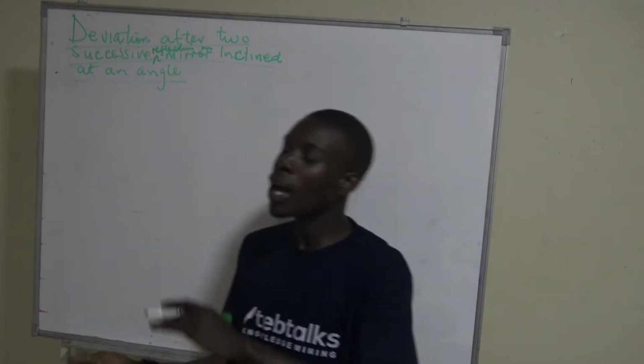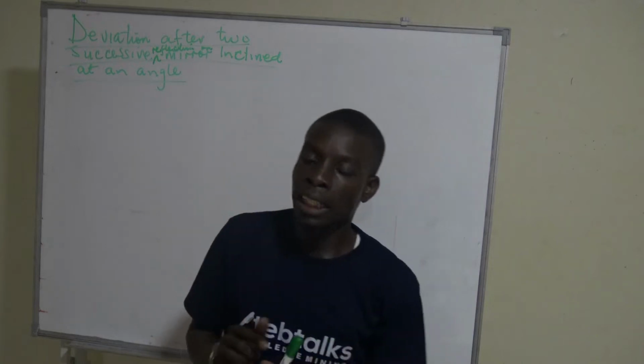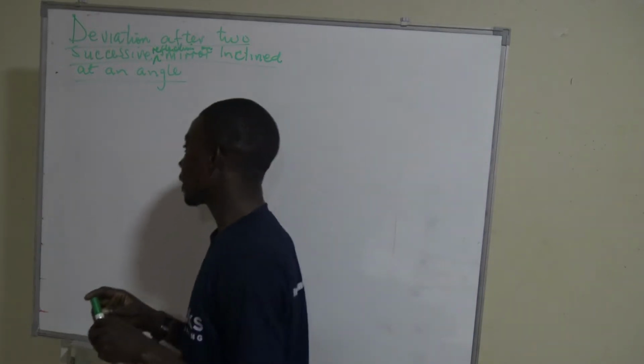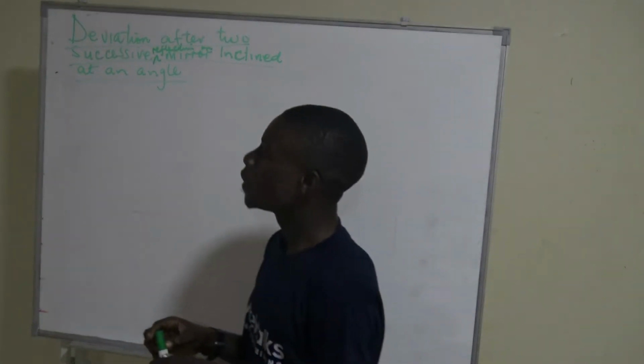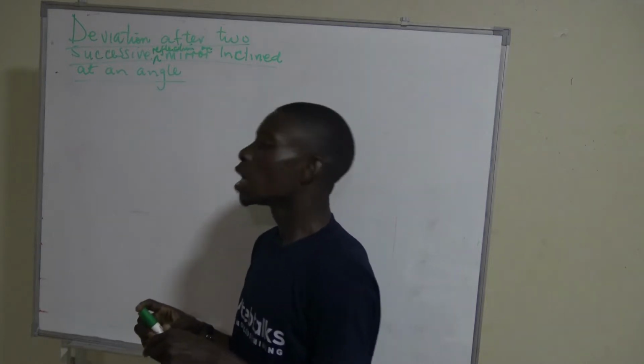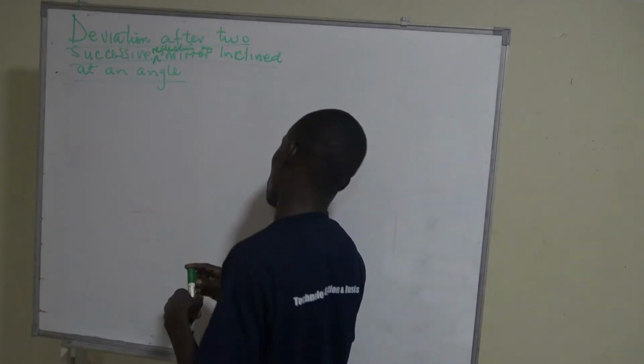Supposing we have two mirrors which are inclined at an angle, say theta, what is the resultant deviation of the light rays that is produced?